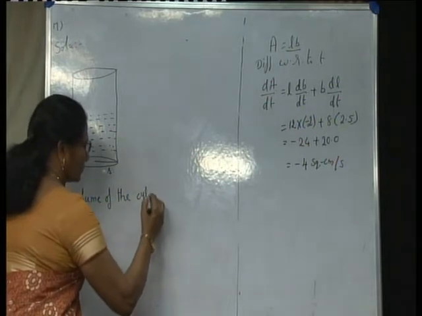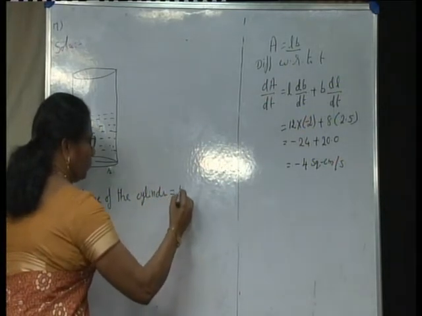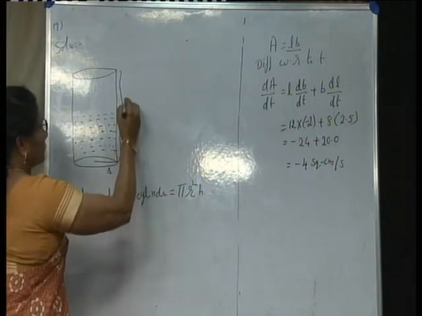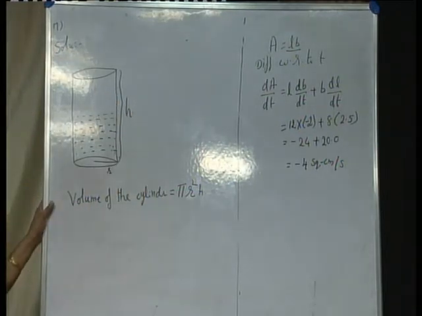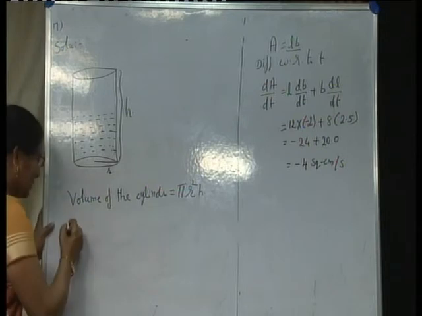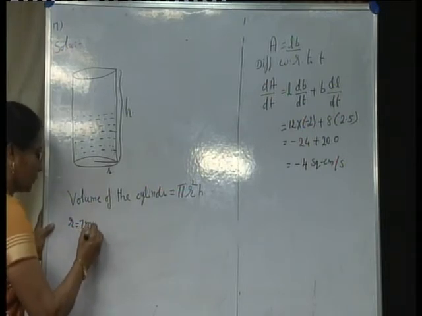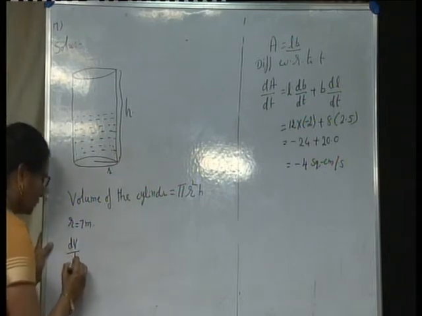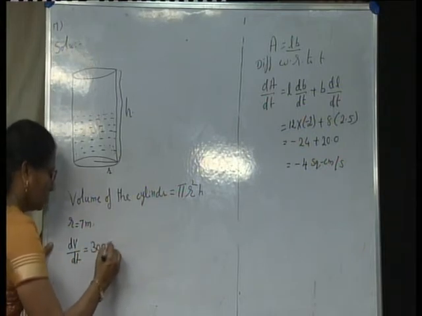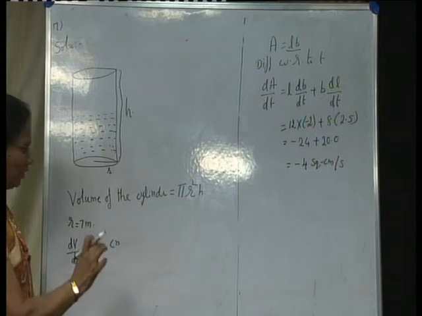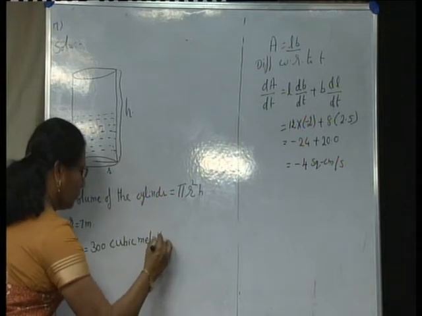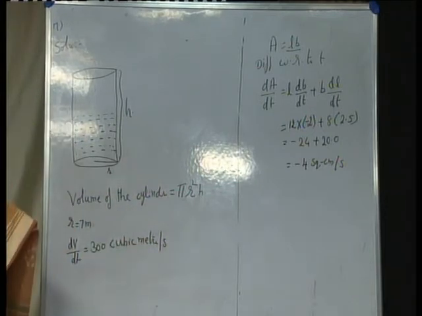This is h, and the radius is given 7 meter, and the rate at which volume increases is 300 cubic meter per second. How fast is the water level rising?